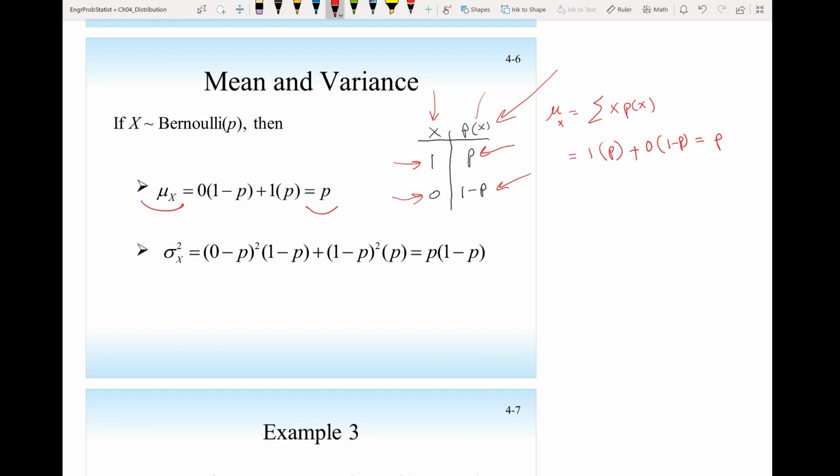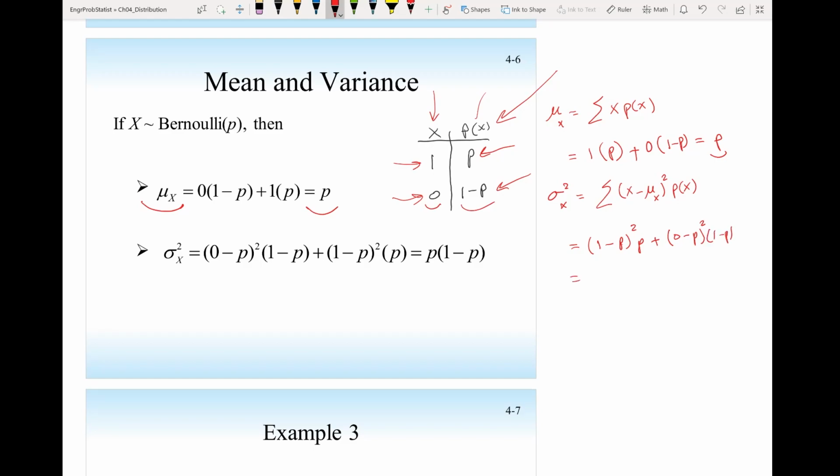Now if I want to find the variance of x, it equals the sum of x minus mu x, squared, times the probability of x. This is the definition. In this case, x can be 1, minus mu, we found it just to be p, squared. The probability x equals 1 is p, plus the second possible value for x is 0 minus the mean, p, squared, times the probability of x equals 0, which is 1 minus p.